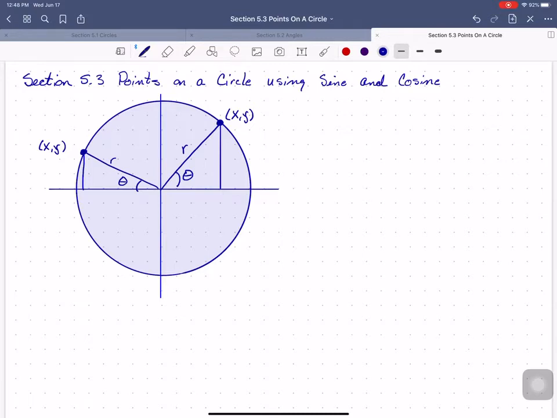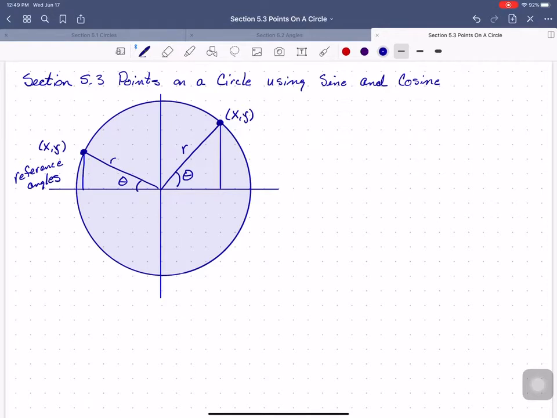But this will work no matter what quadrant we're in. And we call these angles that touch the x-axis reference angles. We'll come back to that terminology. I just want to point out to you that that's what we're doing here.